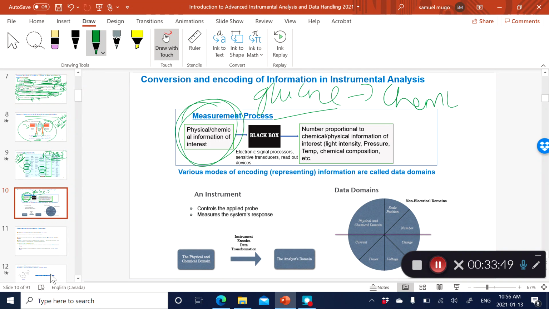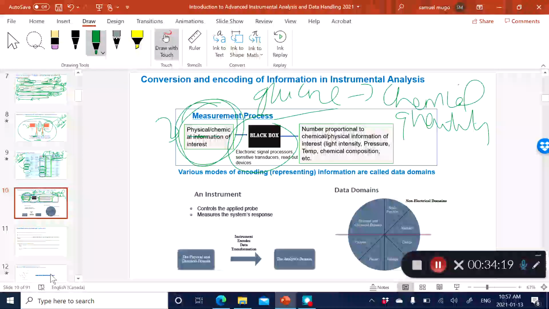If I'm interested in measuring the heart rate or the pressure, that is a physical quantity. And then you've got these instruments, which convert the physical or the chemical quantity into a language that it can understand.